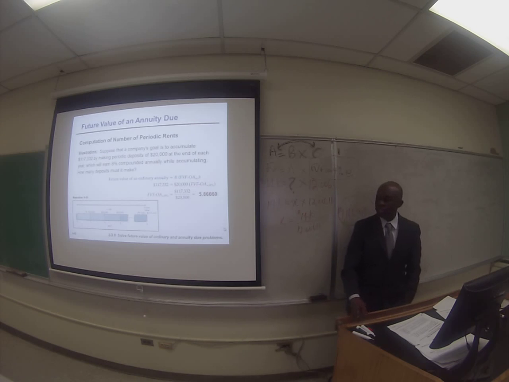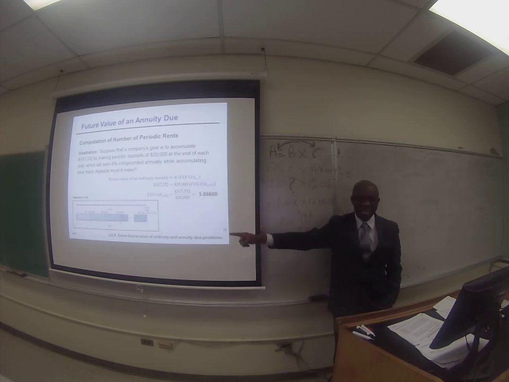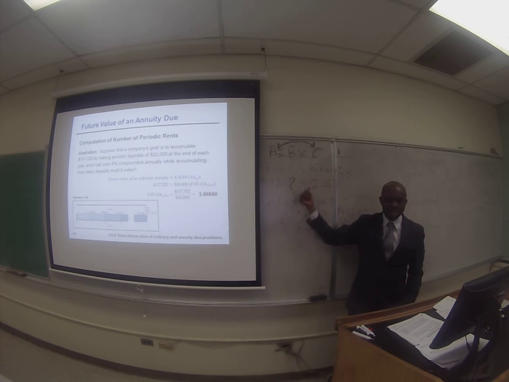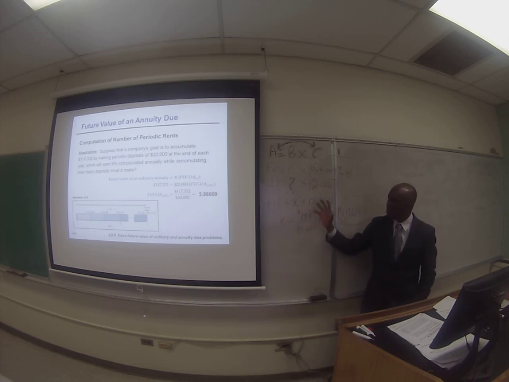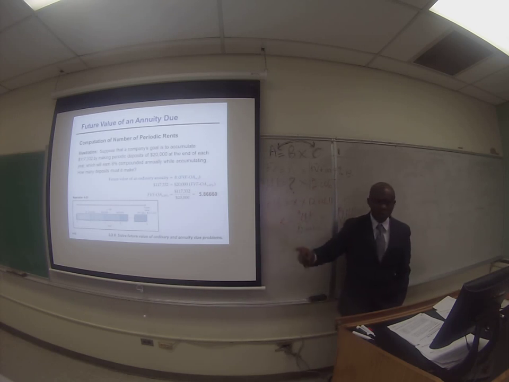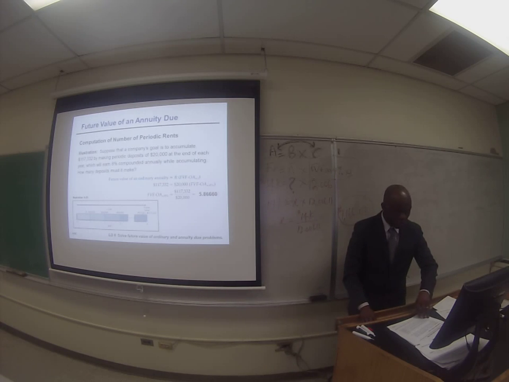Okay, it is 5.8. If you use the same methodology that we use to calculate the periodic payment every 6 months for 5 years, the illustration we just had here, that will help you to determine the number of periodic rents.